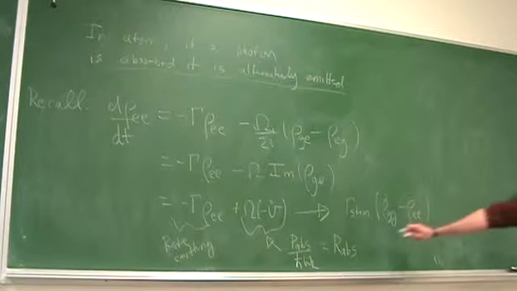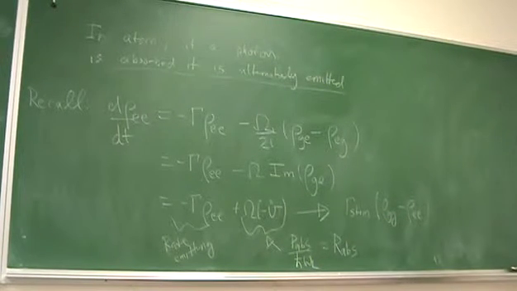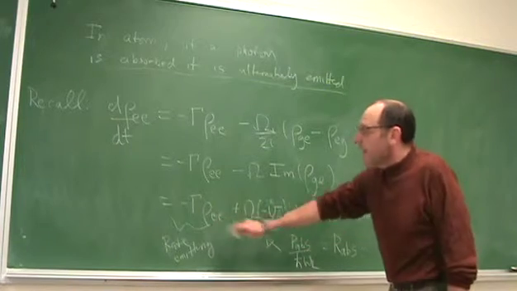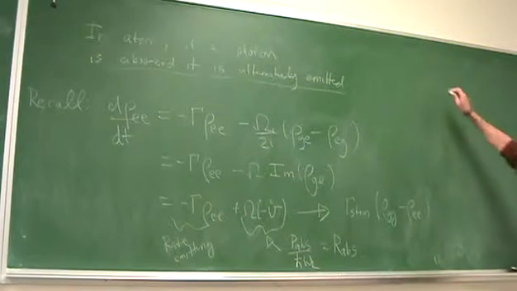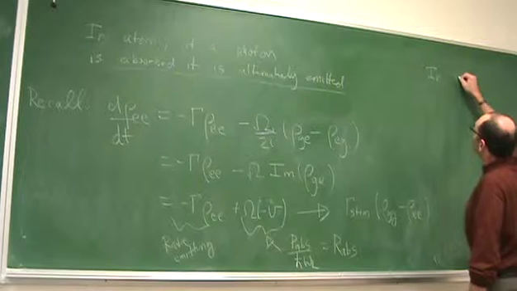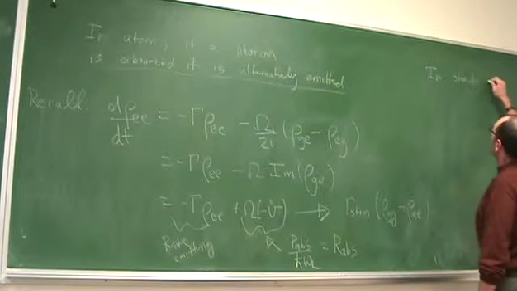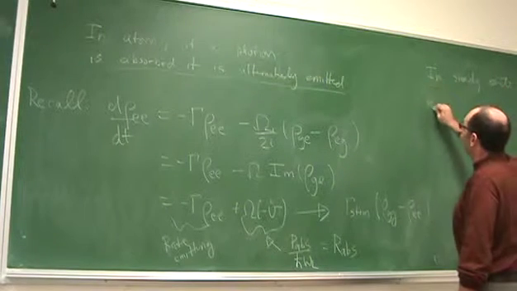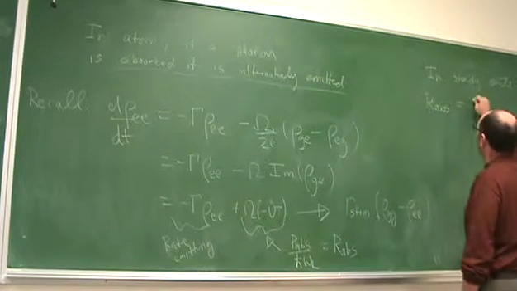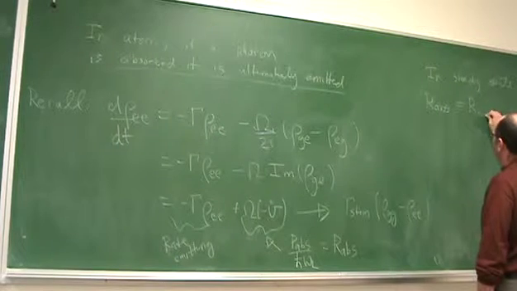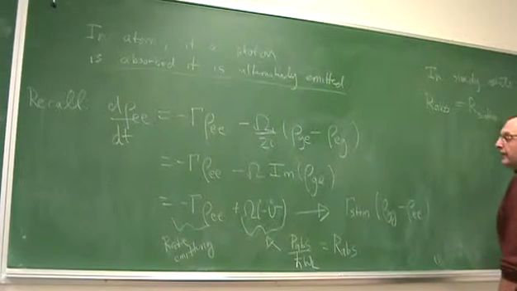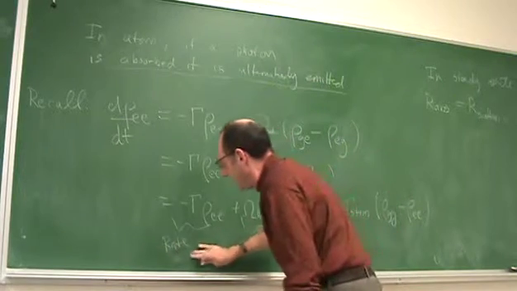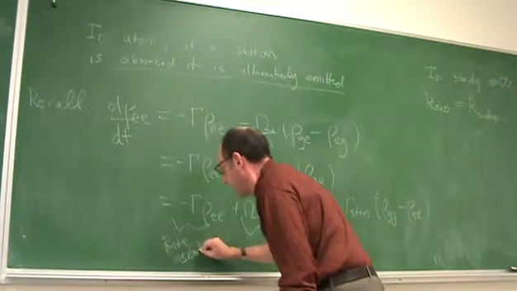So the amount that's absorbed in the problem in steady state is equal to the amount that's emitted. So in steady state, the rate of absorption is equal to the rate of scattering. Really, I should talk about this as scattered light instead of emitting.